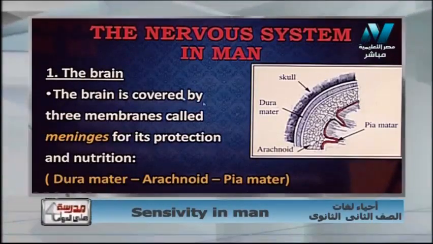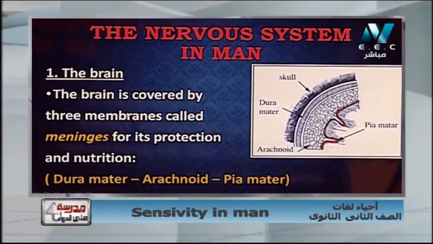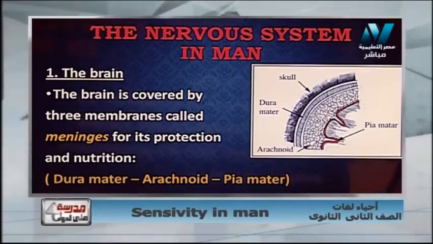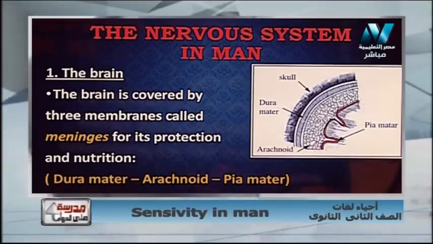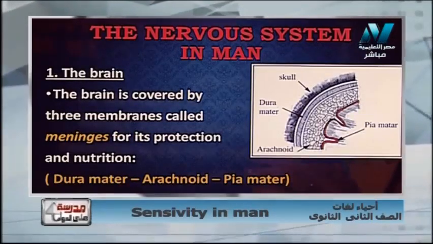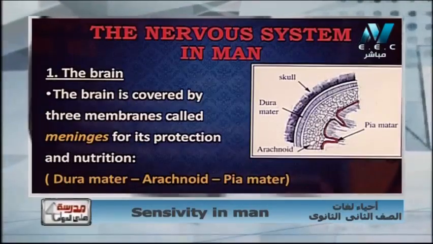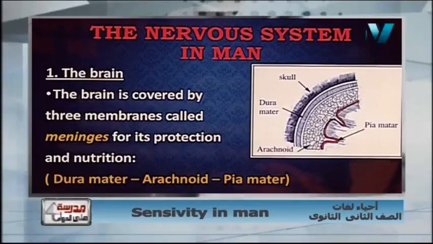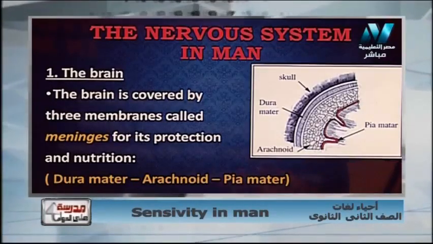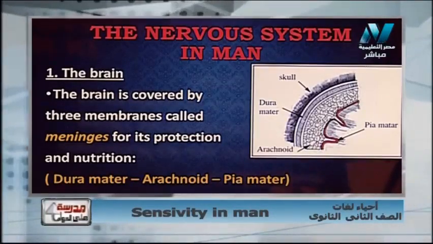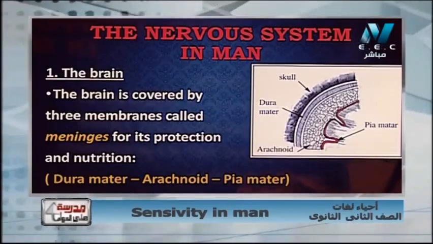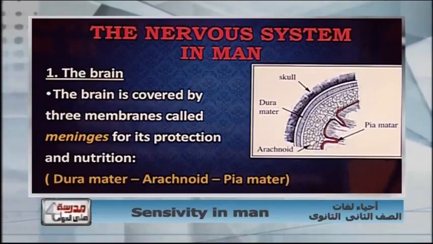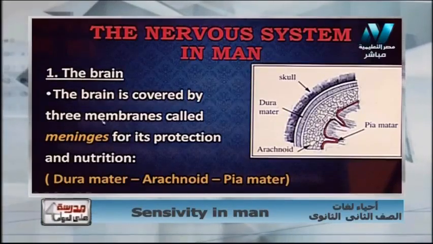And these membranes are very important for protecting the brain and preventing the friction between this delicate tissue, which is the brain, and the bony, hard skull. So they protect it from friction and absorb shocks to avoid trauma or any damage to the cells.